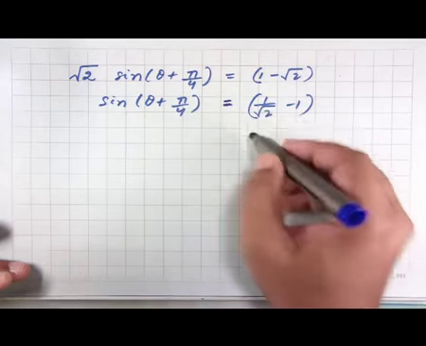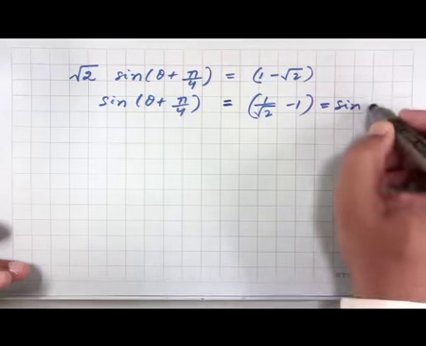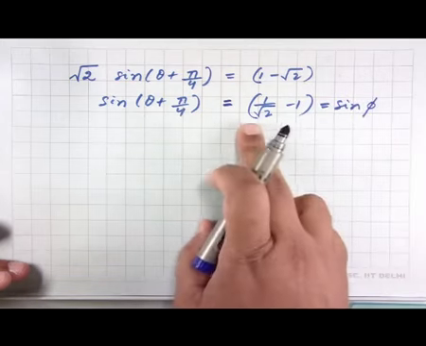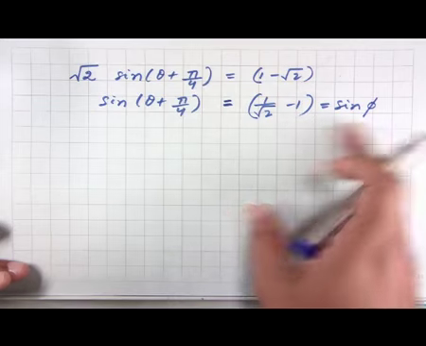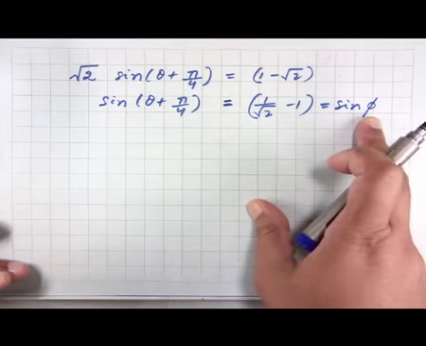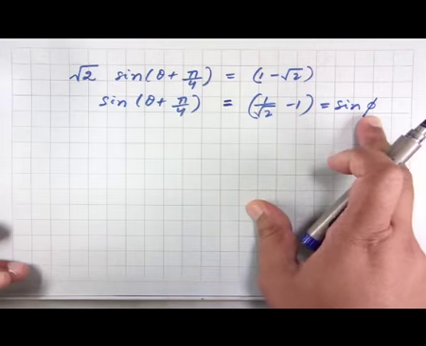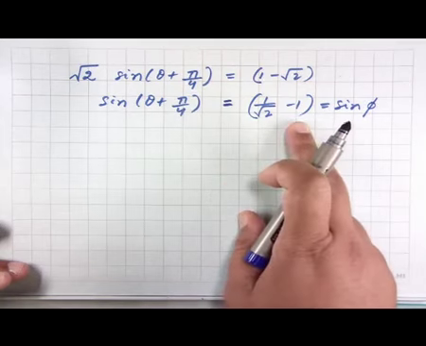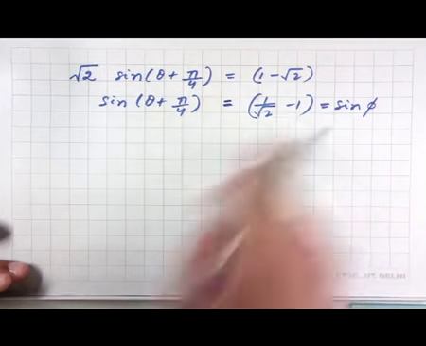Let this be equal to sin of some angle phi, because this value is between minus 1 and plus 1. So we can always find a value for this angle phi between 0 and 2 pi such that sin of phi is equal to this value. So let phi be that value.